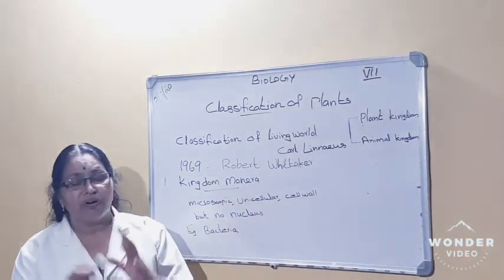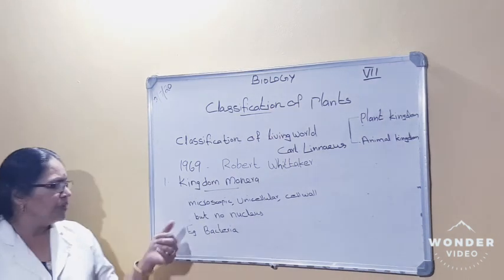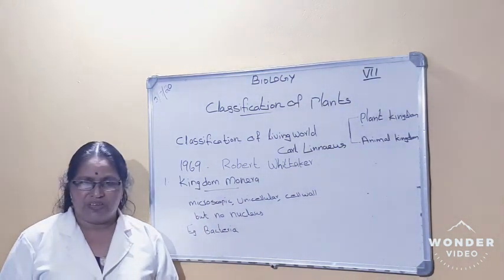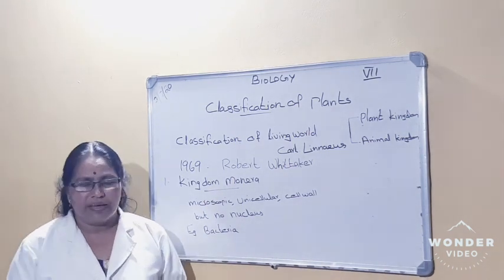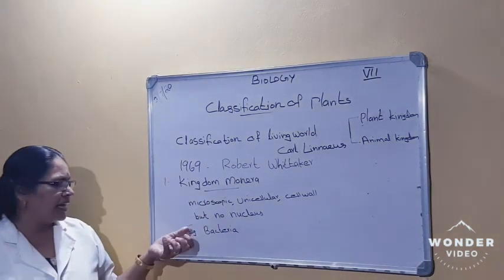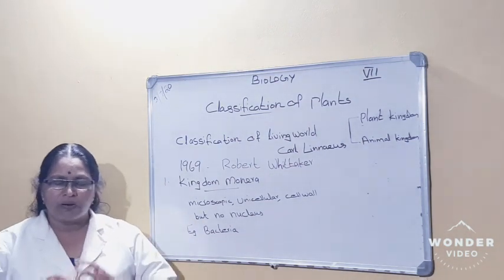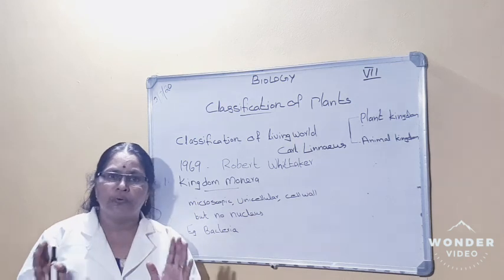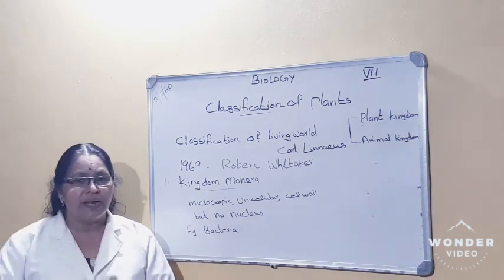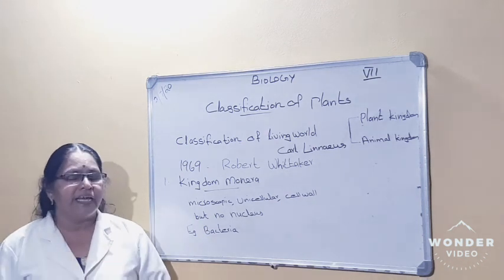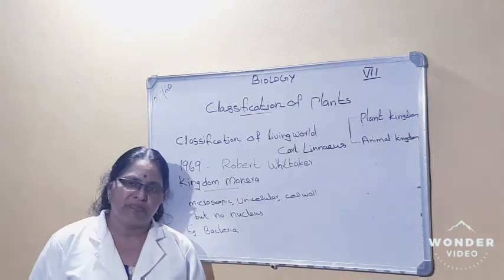But the most important characteristic of Kingdom Monera is they have no definite nucleus. In almost all cells there will be a nucleus. But in these organisms, they have no definite nucleus, or we can say their nucleus has no nuclear membrane. Then what happens to the genetic material in the nucleus? It is simply found in the cytoplasm of the cell.